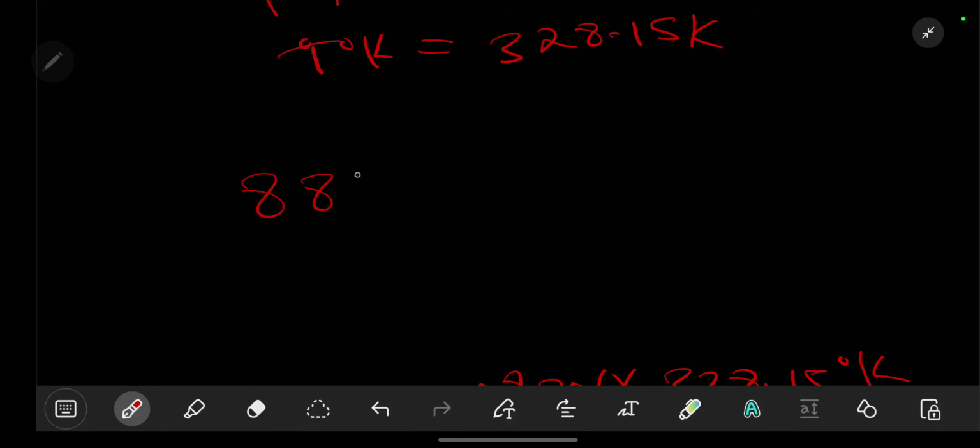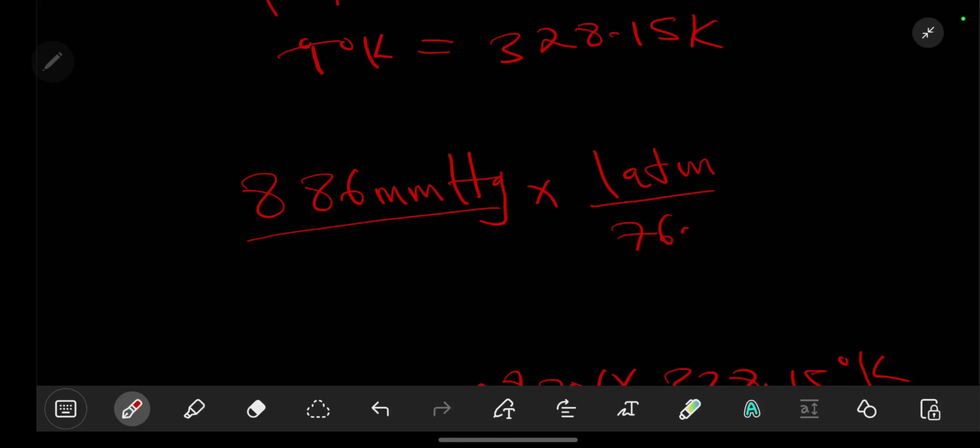Converting 886 millimeters of Hg, you just divide by 760, which is the same as multiplying by 1 atmosphere over 760 millimeters of Hg. So 886 divided by 760 gives 1.17 atmospheres.